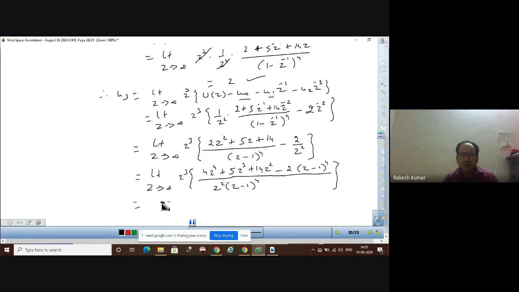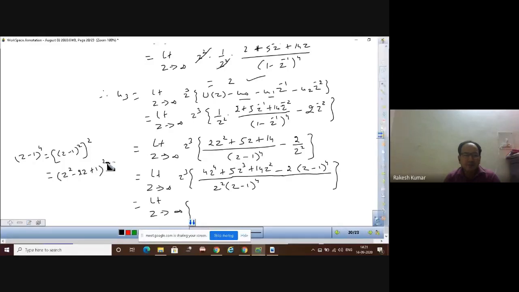So you have to make the adjustment of the terms, and you can solve z minus 1 raised to power 4 separately. So that will be z minus 1 square, and that will be whole square. So z square minus 2z plus 1 whole square can be solved.